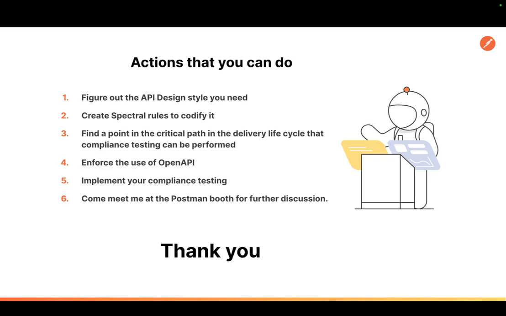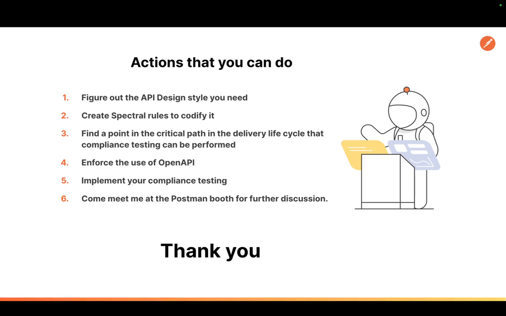Of course, another thing is that you also have to enforce the use of OpenAPI. This is not as hard as it sounds because nowadays most web frameworks can generate an OpenAPI definition that your teams can use. And there are also tools that can produce OpenAPI as an output.